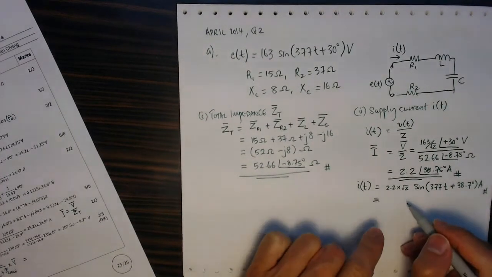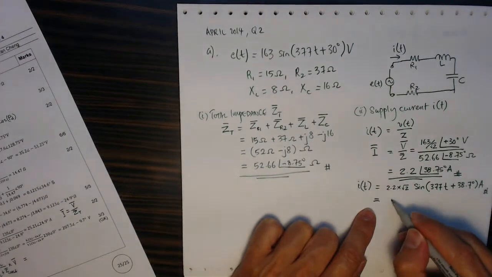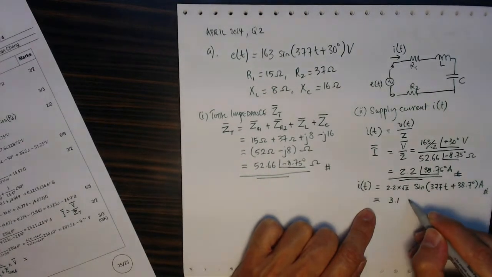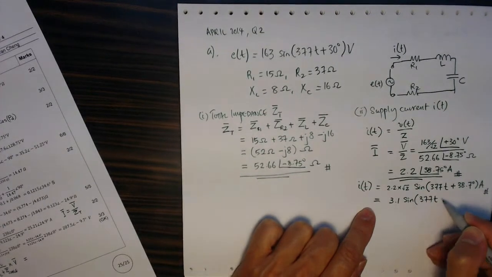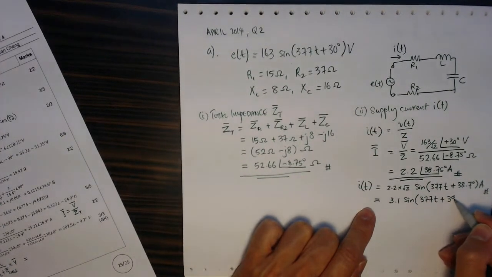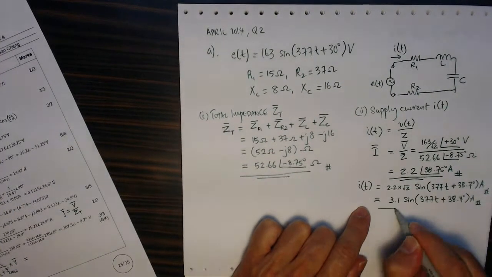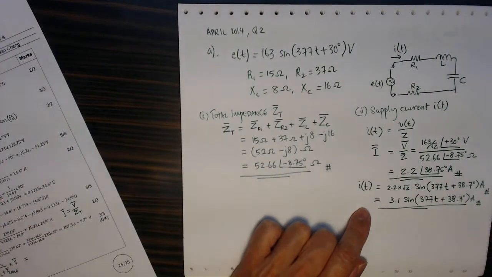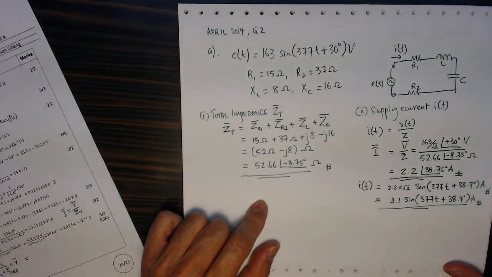Okay, so I should multiply this. 2.2 times square root 2 becomes 3.1 sin(377t + 38.7°). Okay. Alright, so here's my answer for part 1 and part 2 of this question.